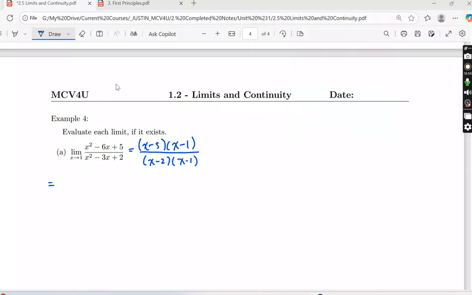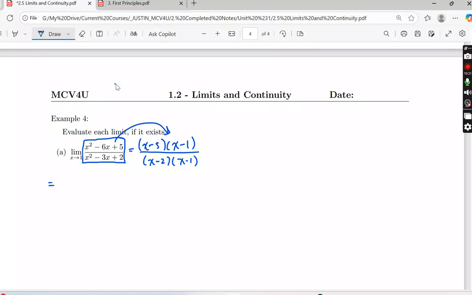If you were to factor this out, you will see that you have x minus 1 and x minus 1 up top. Okay. So again, with simple factoring to get from here to here, if you're not sure how to factor, please review it.